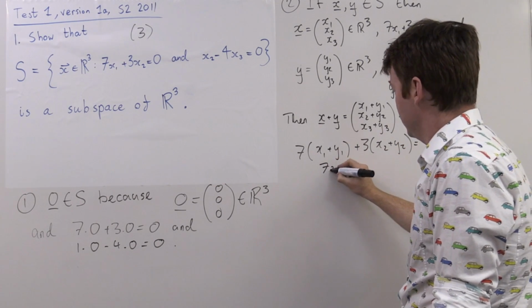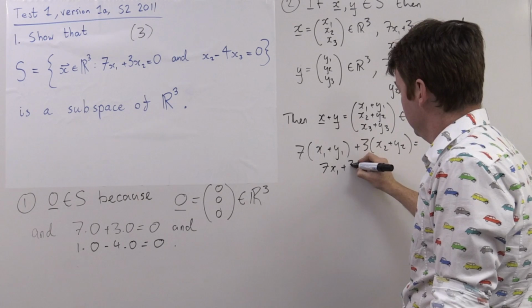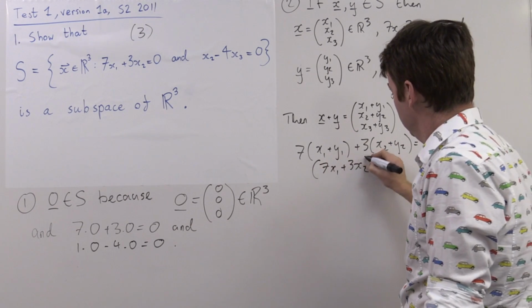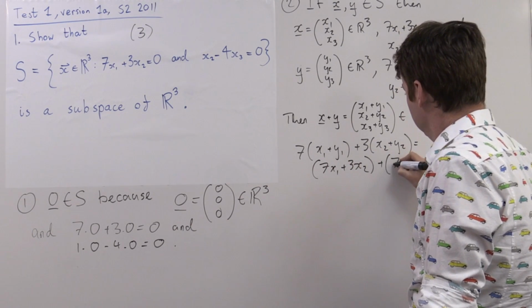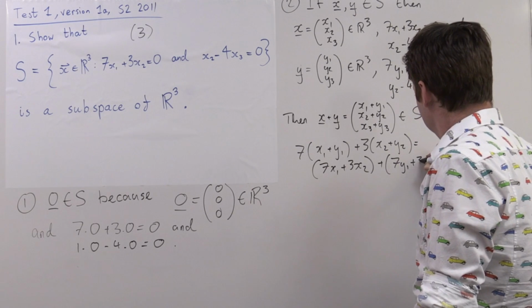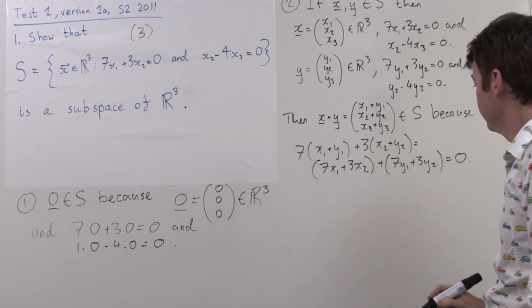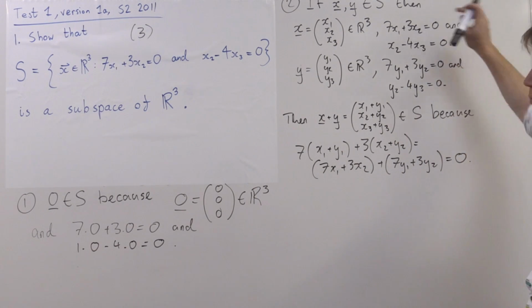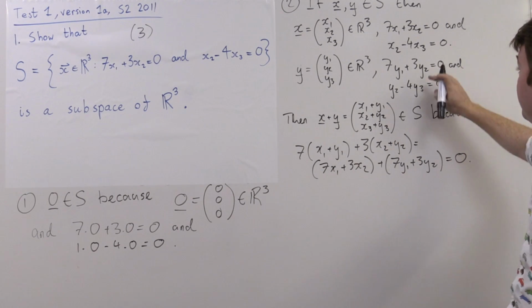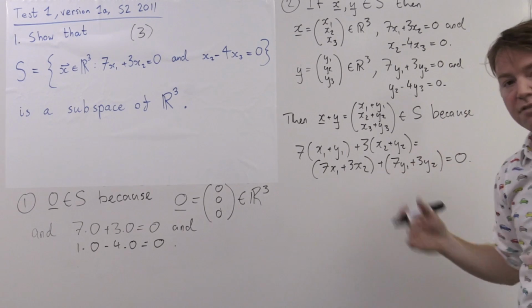That's 7x1 plus, which is equal to 0. That's 0 by this condition up here. That bit's 0 by this condition up here. Therefore, this thing is 0.